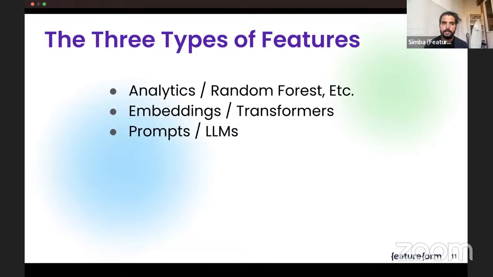Historically, there are three kinds of features, or I guess as of today, there are three types of features. There's analytical features, which are typically numbers, like your age. Embeddings, which is this new type of thing, which we'll talk about. These have actually been around for a while, and in recommender systems, we've used them for many, many years now, as well as NLP. And then prompts, which is a whole new thing, which only applies to LLMs.